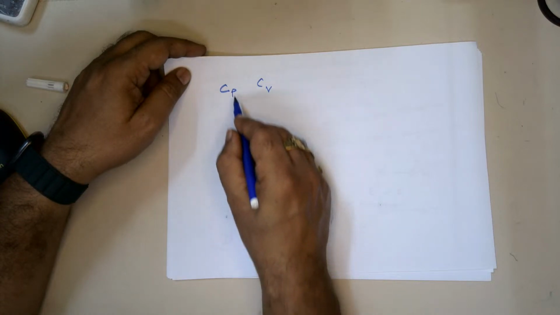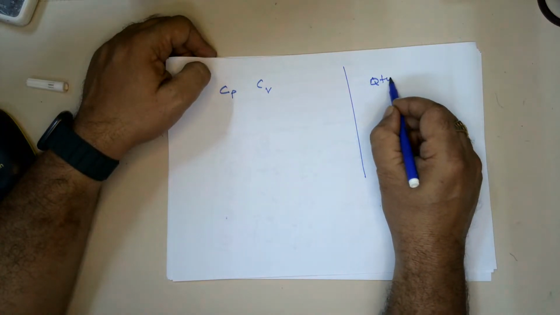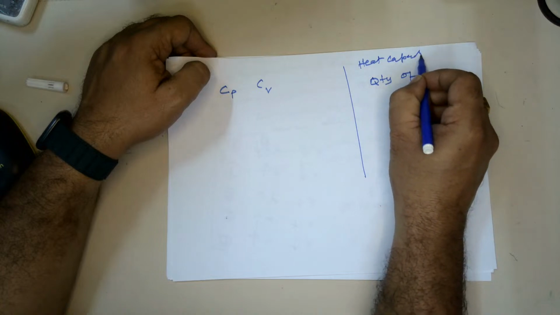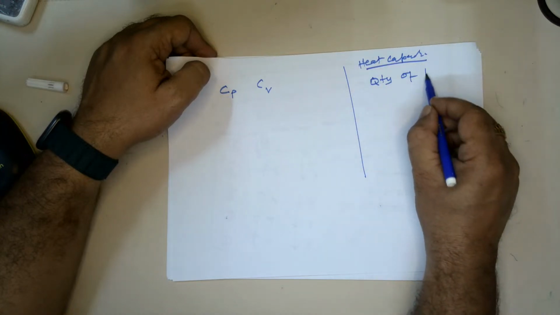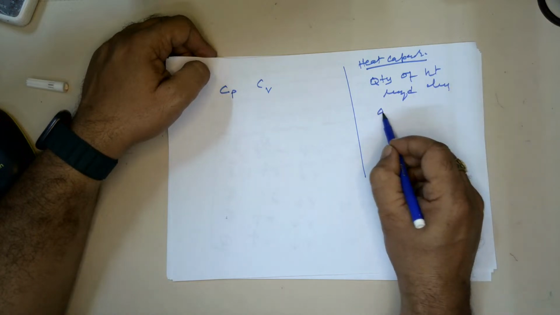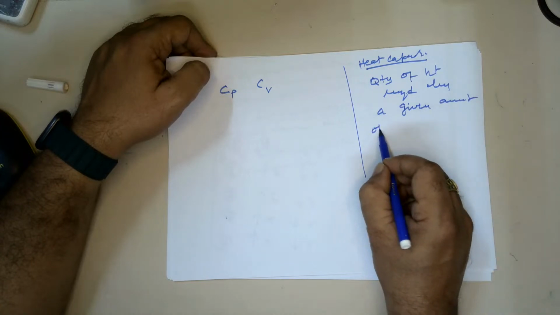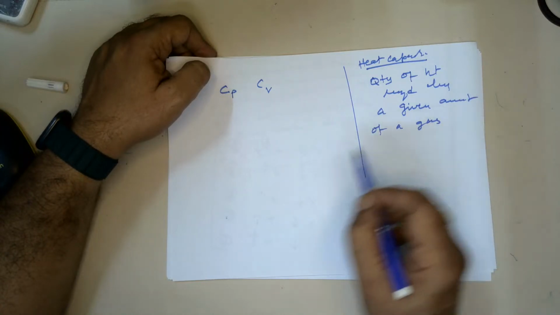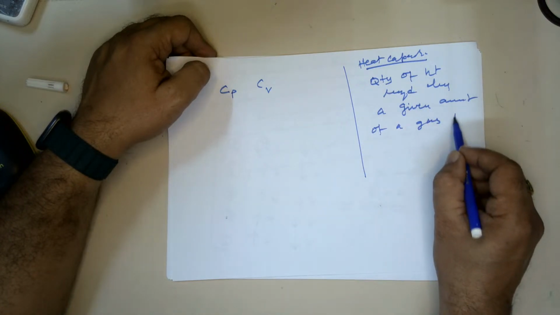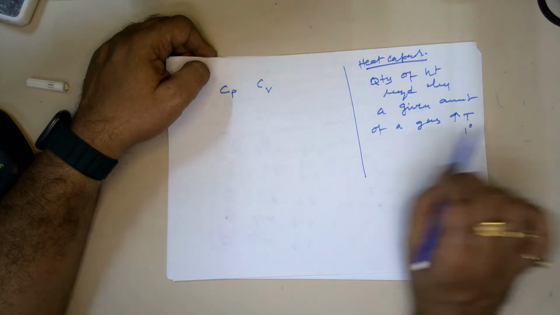So it is the quantity of heat required to raise the temperature by 1 degree for a given amount of gas. What is the specific heat? Heat capacity is the quantity of heat required by a given amount of a substance, in this case gas, to raise the temperature by 1 degree or 1 Kelvin.